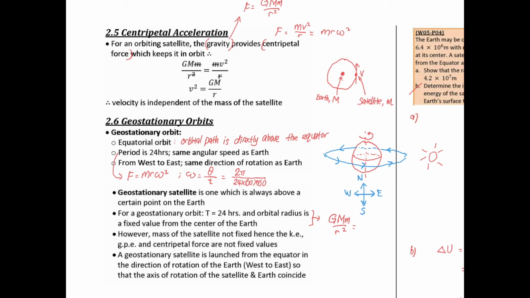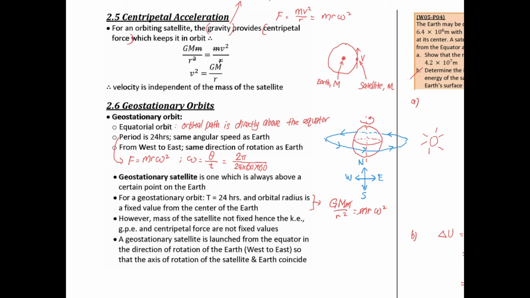Because we already know omega, let us use this. We use m r omega square. We cut the m. Then we want to count the r. R is a fixed value. So I rearrange the equation: G M over omega square equals r cubed. R equals the cube root of G M over omega square. So by doing so, we can find the r.